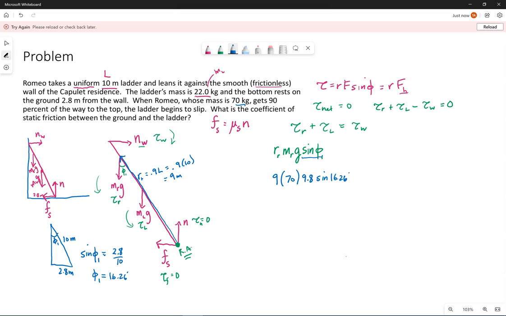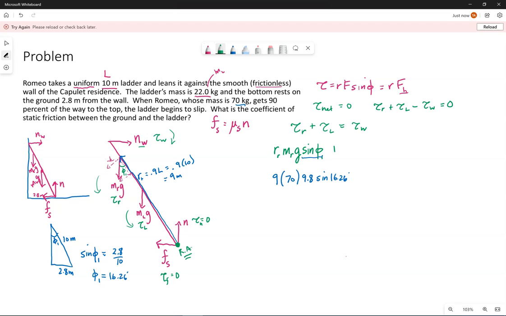Now again, this mg can be thought of as having a component of force parallel to the ladder and perpendicular to the ladder. This perpendicular piece can be drawn over here, and that's why we get mg sine of that angle. It's only forces that are perpendicular to the lever arm, to the ladder in this case, that would make it rotate.